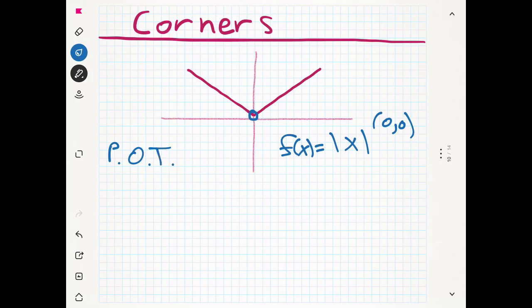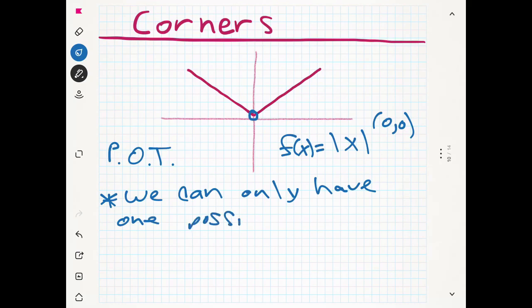So the key thing to remember, we can only have one possible tangent line for a particular point, and we cannot have more than this, right?